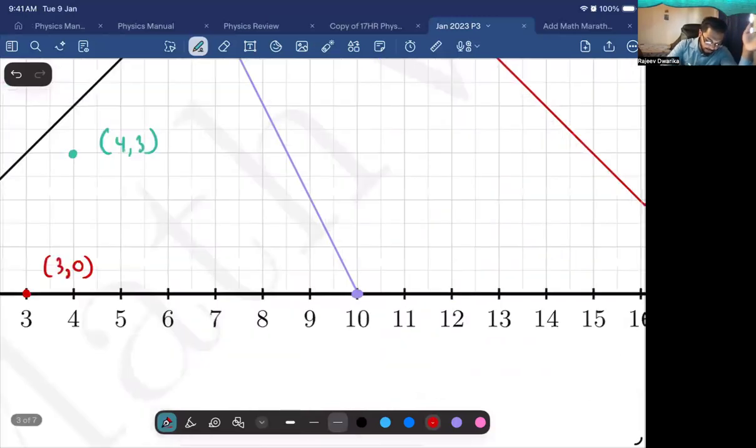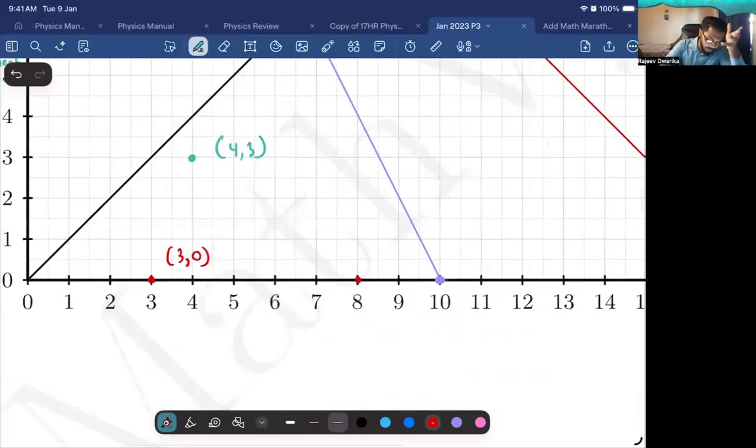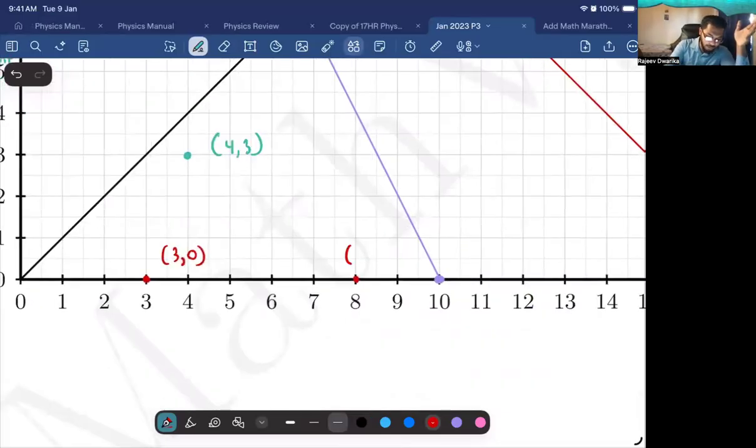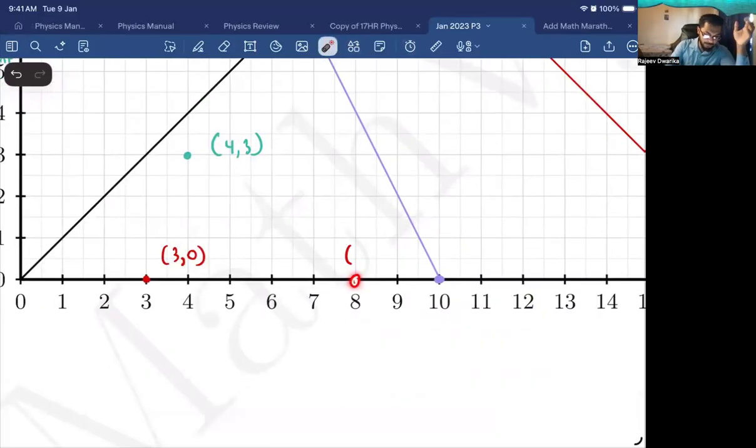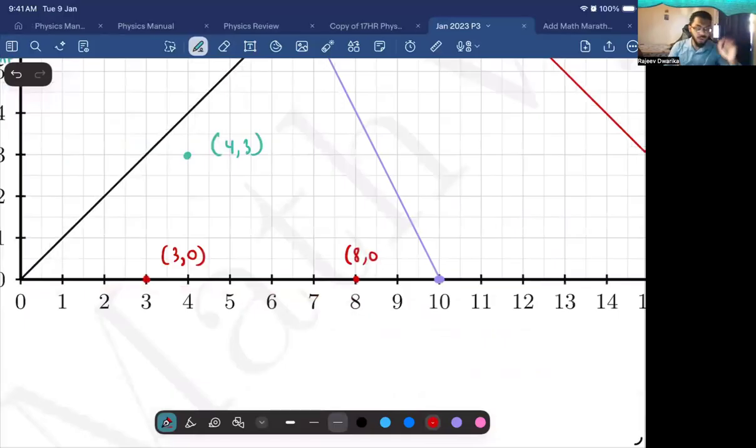As a matter of fact, if I take any point on the x-axis, take for instance this point over here, how would you reach it? 8 units to the right. And are we going to move up or down? No. So again, once you are on the x-axis, your y value is always going to be 0. Exactly.